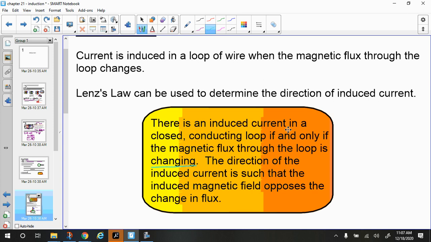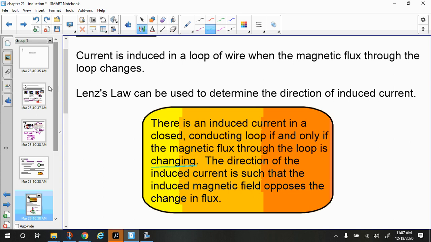When we did our example with the bar sliding across the U-shaped thing, it was moving through the magnetic field. That induced a current. That induced current created a new magnetic field, and that new magnetic field opposed the change in flux.